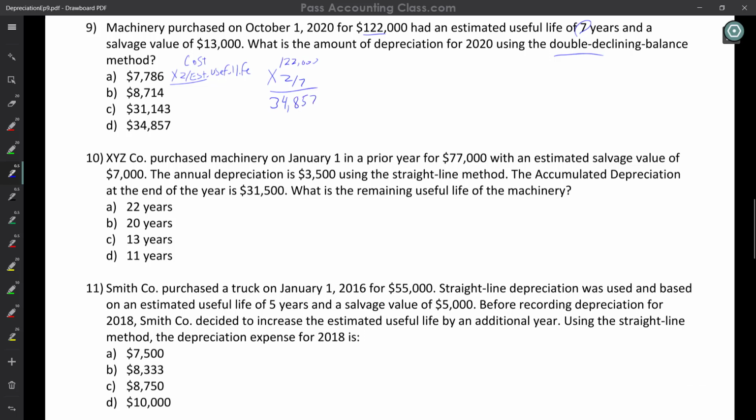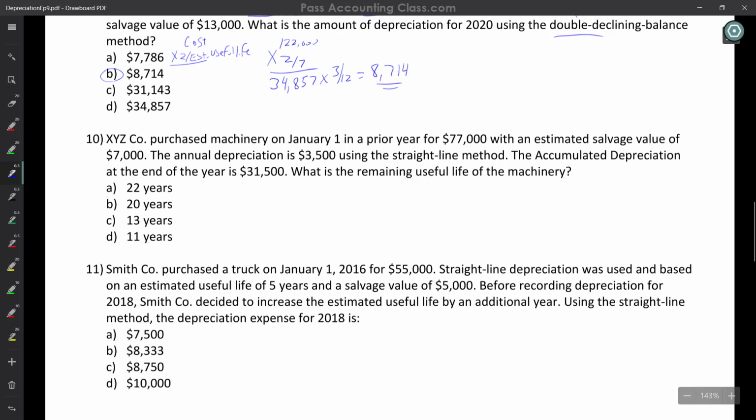And this amount represents annual depreciation, but we didn't own it for an entire year. We owned it since October 1st. So we have October, November, and December. That's 3 months. So we need to multiply this annual depreciation by 3 months divided by 12 months. And when we do that, we end up with 8,714. So the answer here is going to be B.